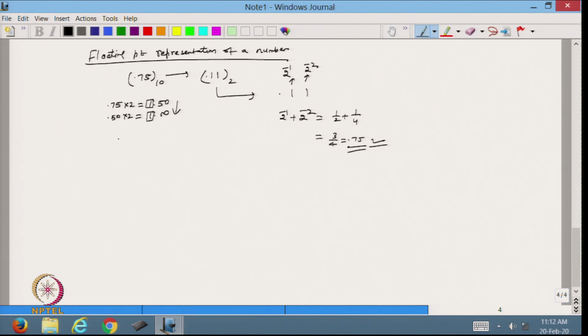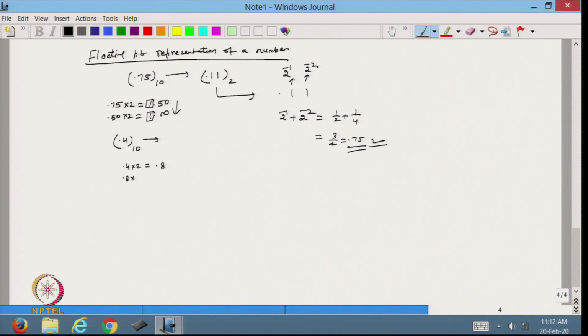So this is the conversion of the decimal 0.75 into binary form. Maybe I have another number, 0.4, given to me in decimal form. Now I want to convert this into binary form. So what I will do is write 0.4 into 2. That gives me 0.8.